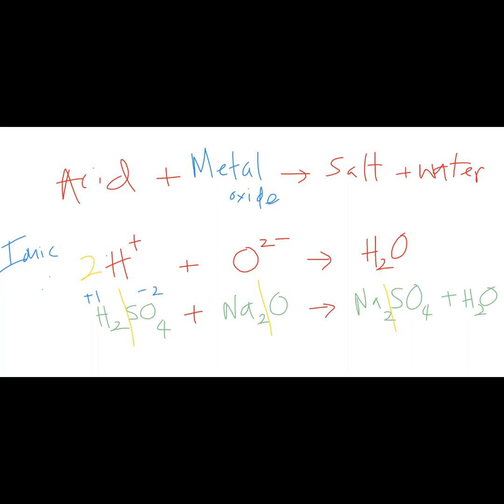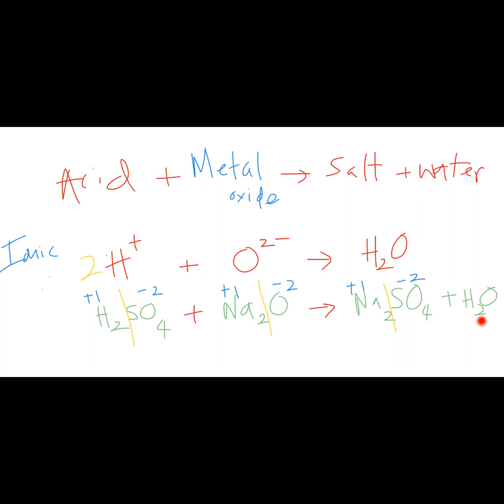Sodium ion is a plus 1 ion. Right. There are 2 of them. Fine. This is the charge. Oxide is a minus 2 ion. Right. And then again sodium is a plus 1 ion. There are 2 of them. That's okay. And sulfate is a minus 2 ion. Okay. And water you can't break down.